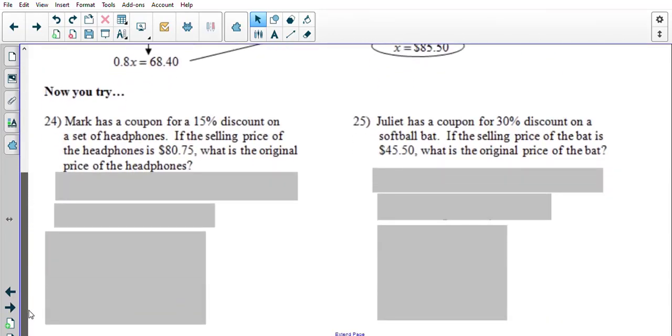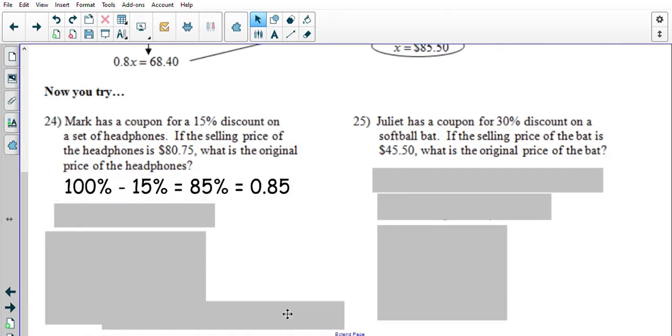So let's try it. Number 24, Mark has a coupon for a 15% discount on a set of headphones. If the selling price of the headphones is $80.75, what is the original price of the headphones? So a 15% discount is 85% of the original price. 100% minus 15% is 85%, or 0.85.